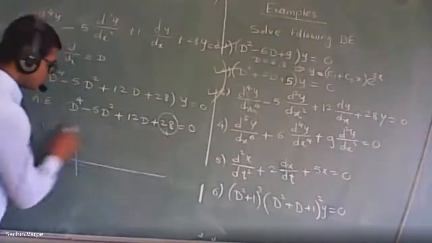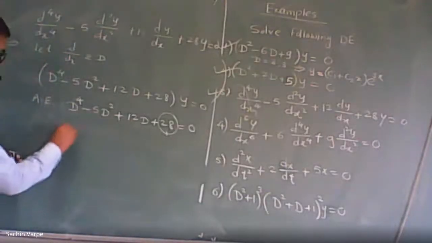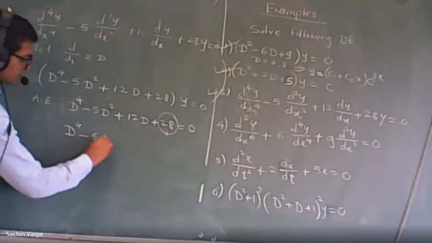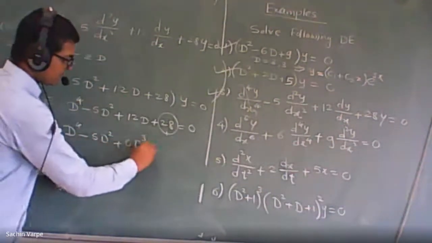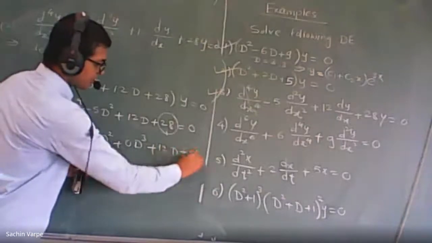Minus 2. Sir, will the d cube coefficient not come? 0. Yes, it must be that. The polynomial must be in standard form. So we have to write d raised to 4 minus 5d square plus 0d cube plus 12d plus 28.